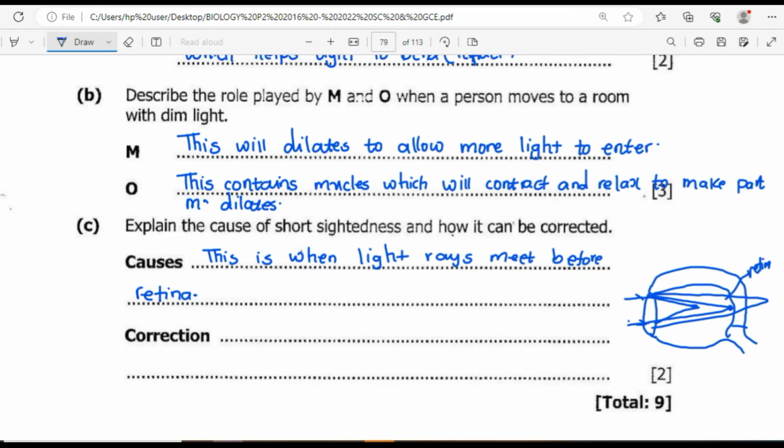As a result, light cannot meet on the retina. Then correction: by wearing or using glasses containing a concave lens.